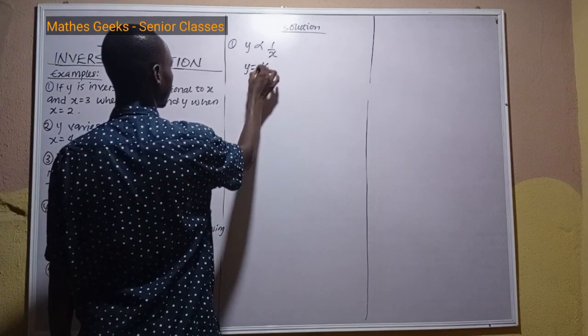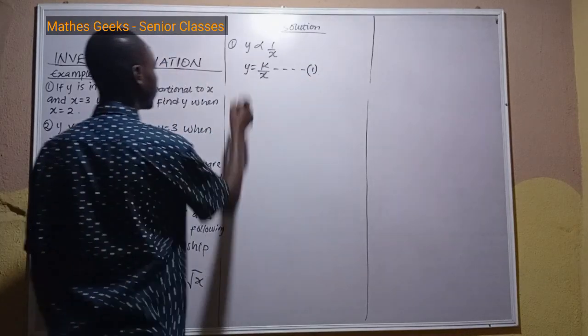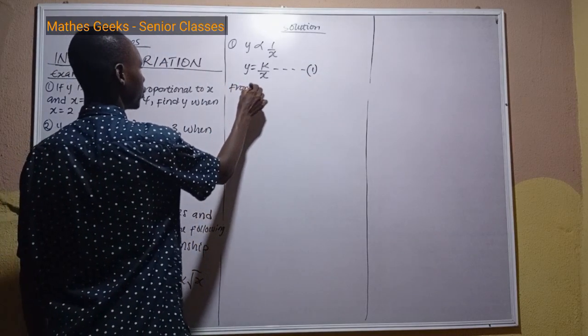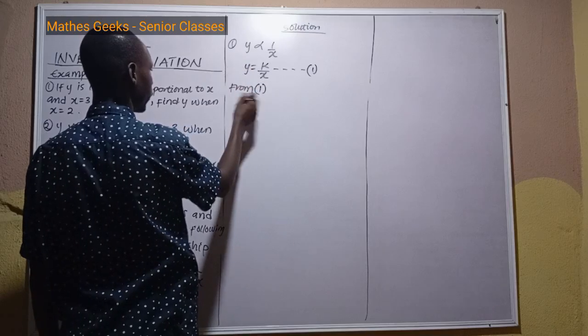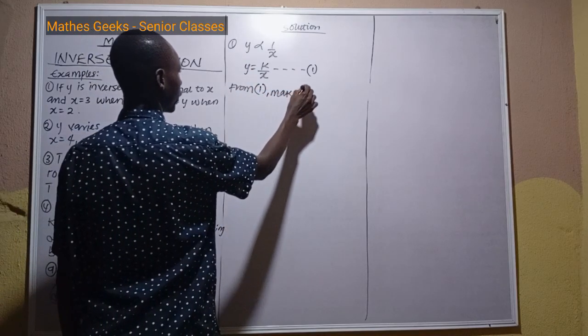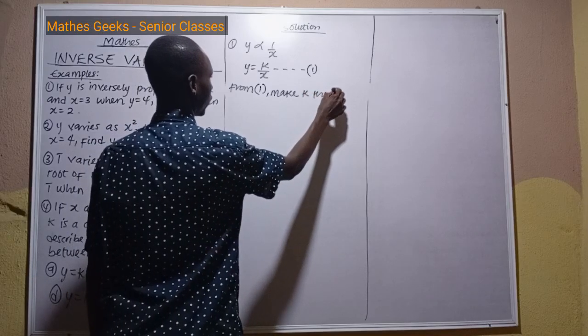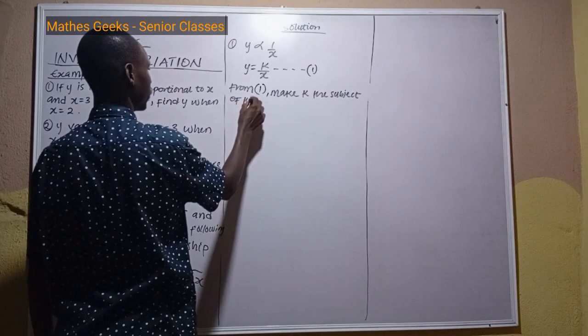Y is equal to K over X, equation 1. From equation 1, I'm going to make K the subject of the formula.